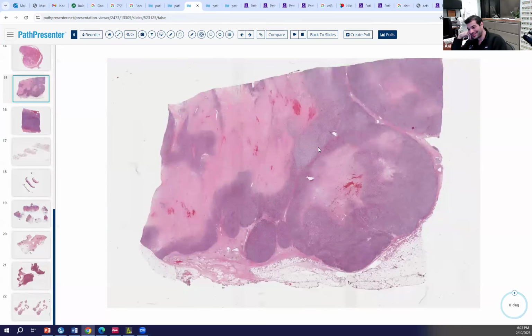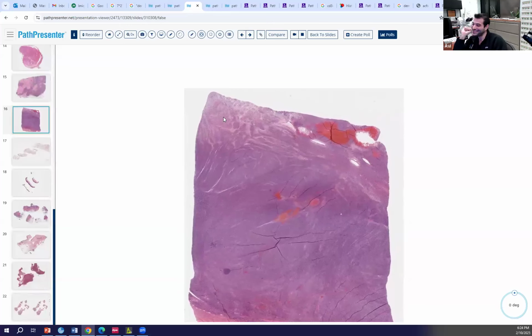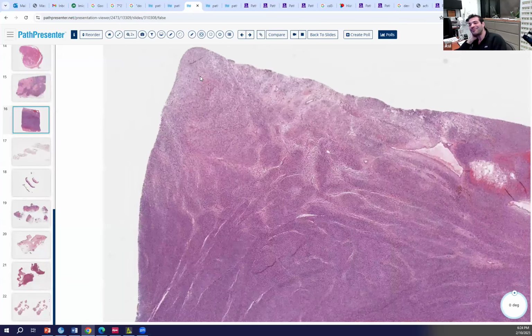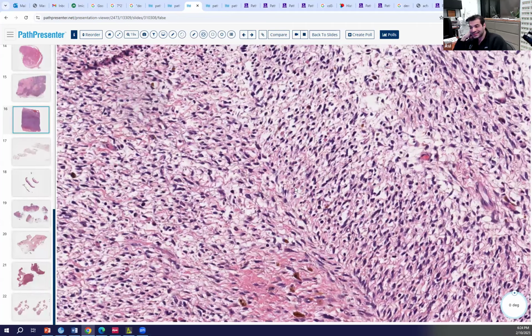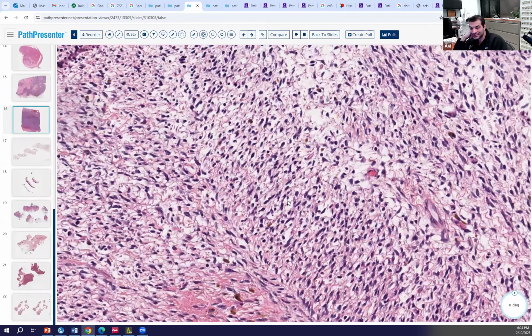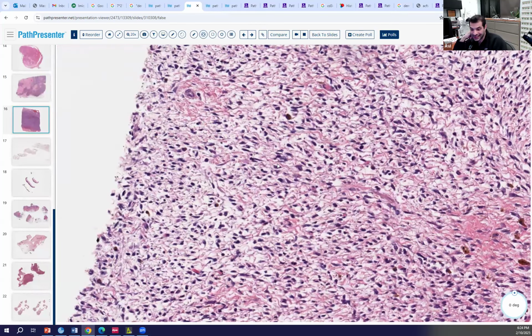Malignant peripheral nerve sheath tumor. However, this one has a little bit of a different story to it. This one has all those features. It has a few larger cells with eosinophilic cytoplasm.